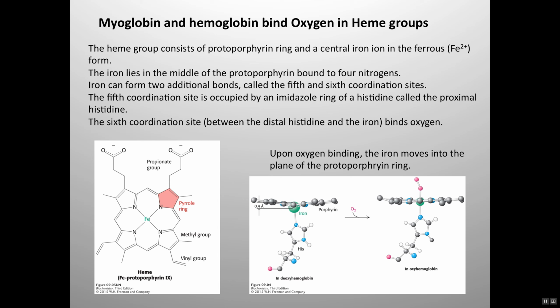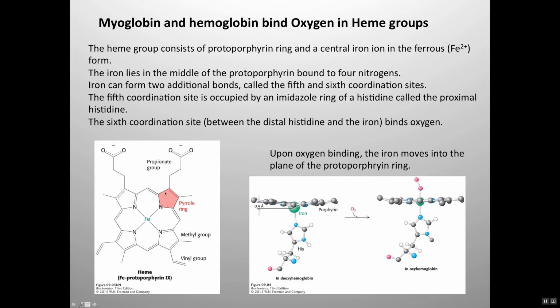So both myoglobin and hemoglobin bind oxygen at the heme groups. We have this thing here called the protoporphyrin ring, with a central iron atom in the Fe2+, ferrous state. So it's coordinated to 4 nitrogens in the center of this protoporphyrin.